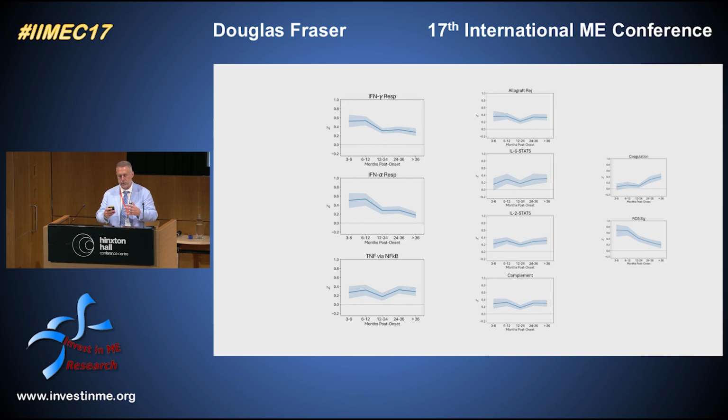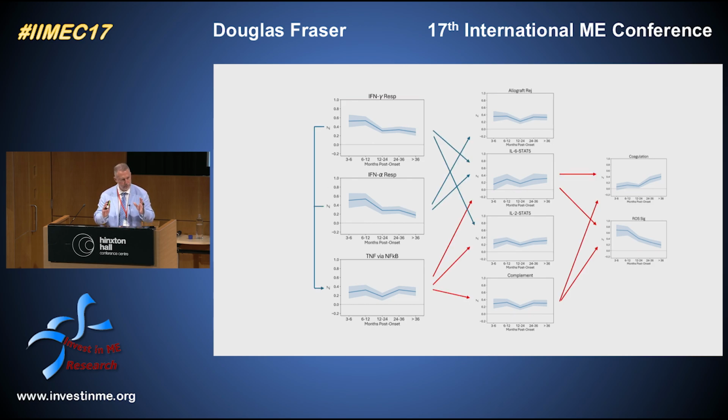Just to give you some perspective of what's upstream, what's downstream, this is very simplified, and all the biologists in the crowd know this, very simplified. There's all sorts of other interactions and feedback going on, but we wanted just to create a model that was somewhat palatable. And in general, your interferons, your TNF are upstream, and then it works its way down.